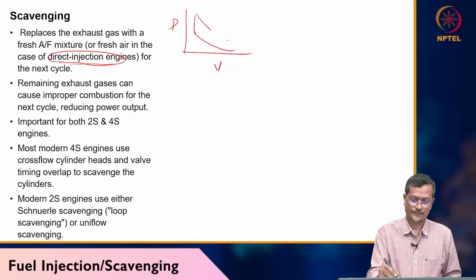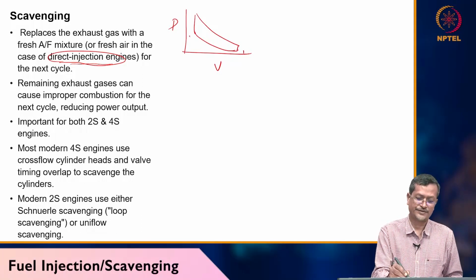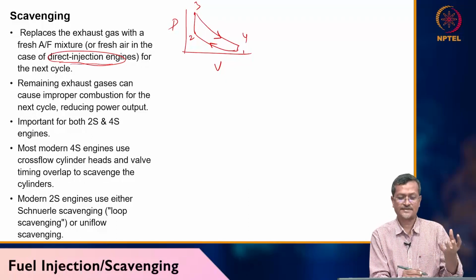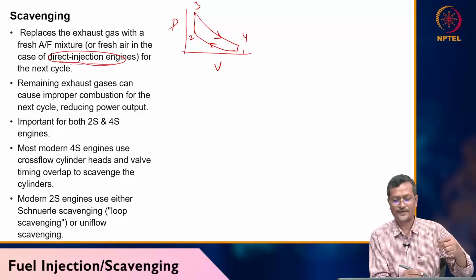Let's say this is my engine, 1, 2, 3, 4. If you are not doing scavenging, some gas is remaining, and that gas will not allow fresh air to enter the cylinder. Then while your system is running, you are not getting a sufficient amount of air-fuel mixture, so your total power will be reduced.